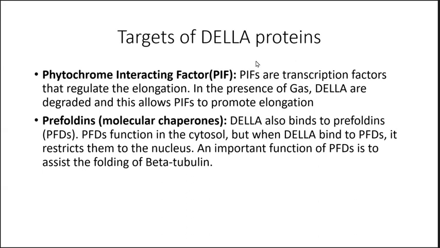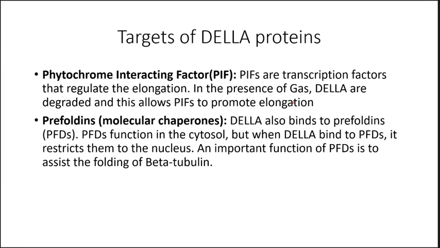Now there are several targets of DELLA proteins. One is PIF, phytochrome interacting factor, and another is prefoldin, which is a molecular chaperone. PIFs are transcription factors which help in elongation.